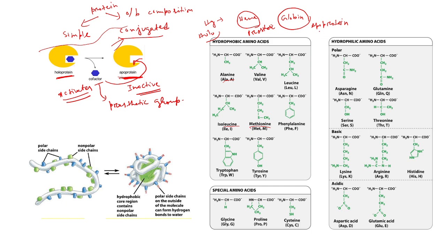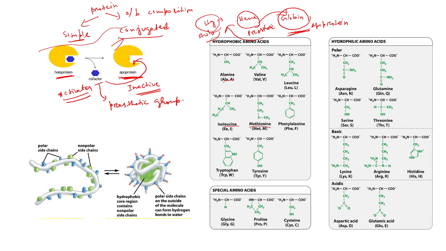So globin is present in the inactivated condition. When the heme, the prosthetic group, is bound, then it activates and forms hemoglobin. So after binding the prosthetic group to the apoprotein, it forms the holoprotein. This is the type of conjugated protein.